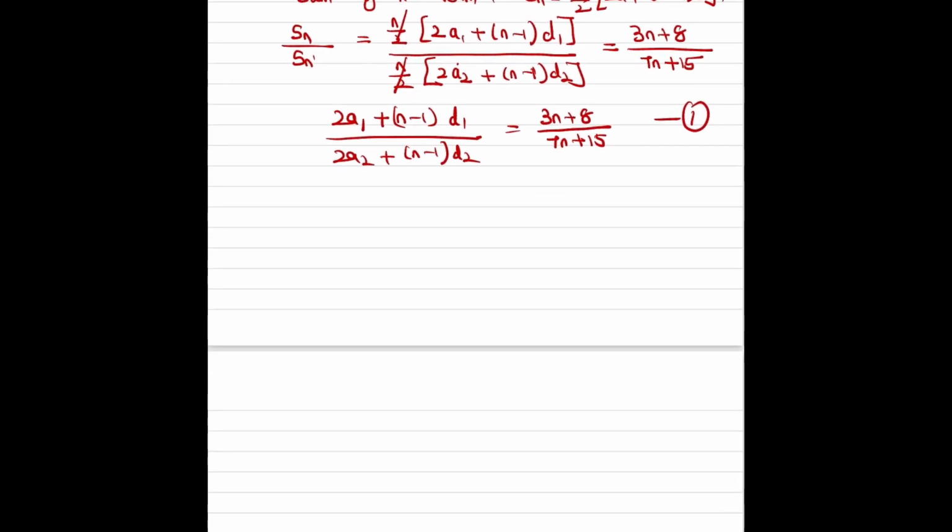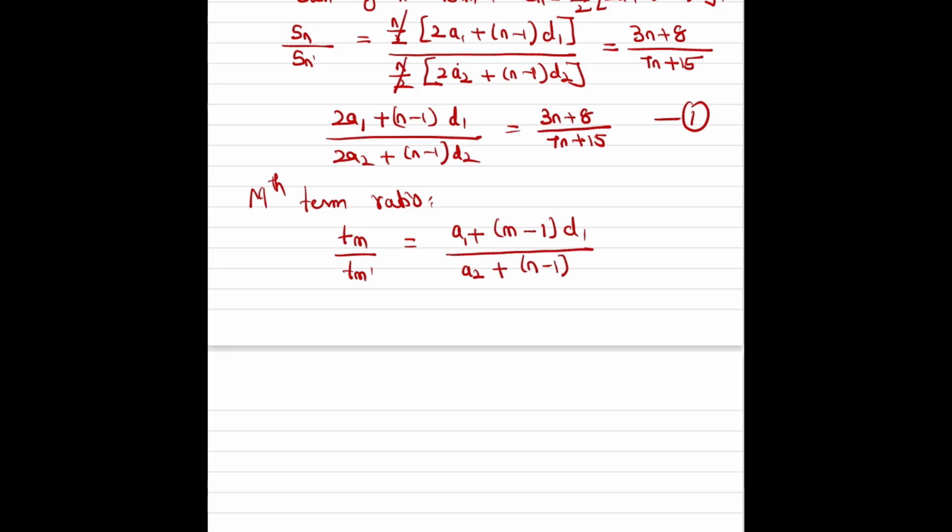Now we are going to do the mth term ratio. So Tm by Tm dash equals a plus m minus 1 into d1, here also A1 and d1, by A2 plus m minus 1 into d2. Here A is A1, D1 in the numerator, and in the denominator A2 and D2.